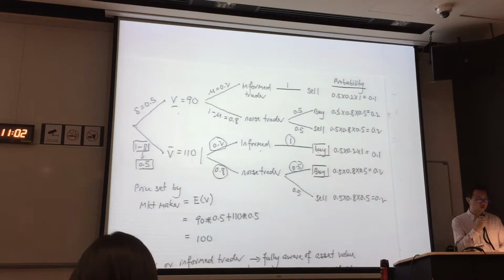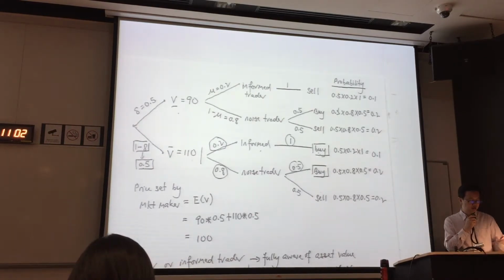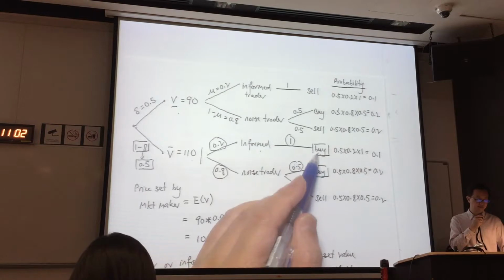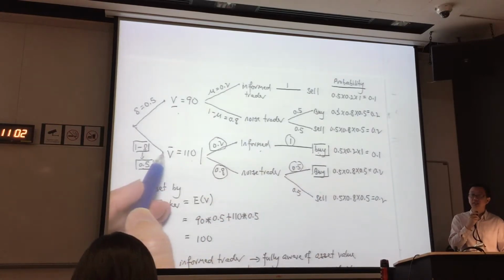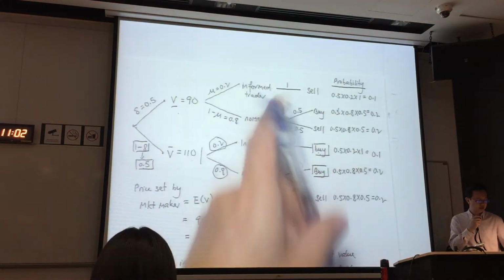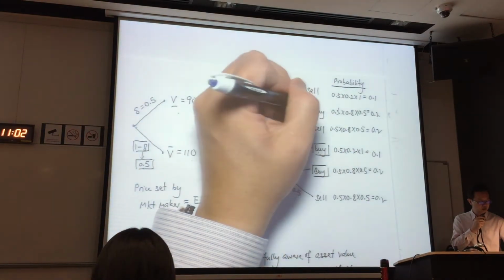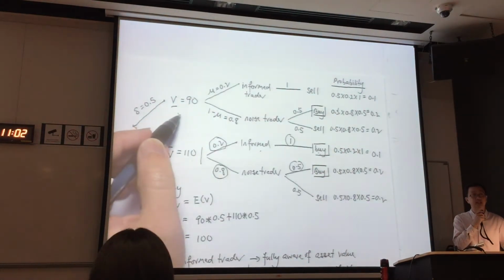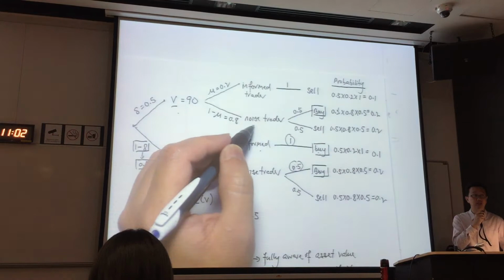Yeah. So we want to know what is the probability of customer buying? What is the probability of customer buying? Two buy if the value is 110, and there's one more buy if the value is 90, and that is by the noise trader.